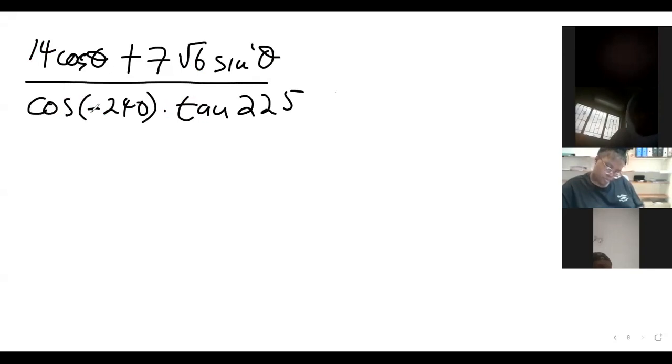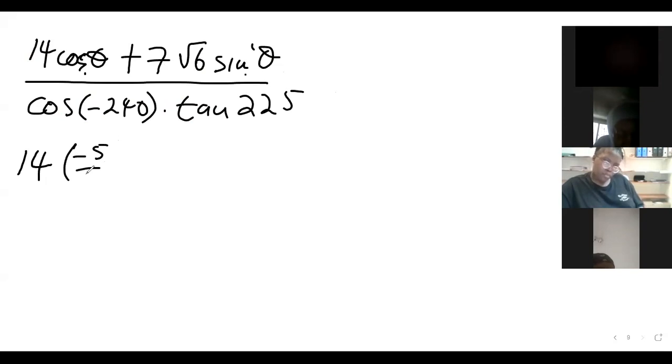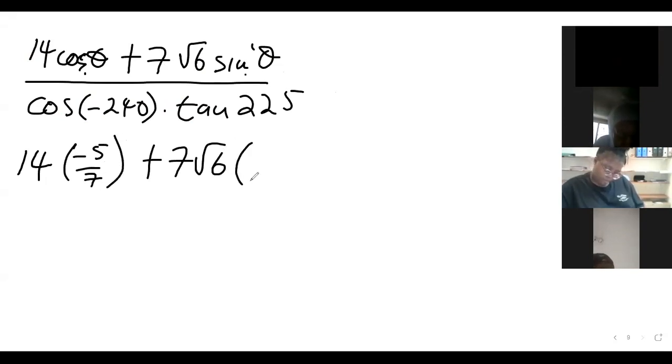Remember, we know the values of cos theta and sine theta now. We substitute them there. So it's 14 times cos theta, which is negative 5 over 7, plus 7 root 6 times sine theta, which is 2 root 6 over 7.